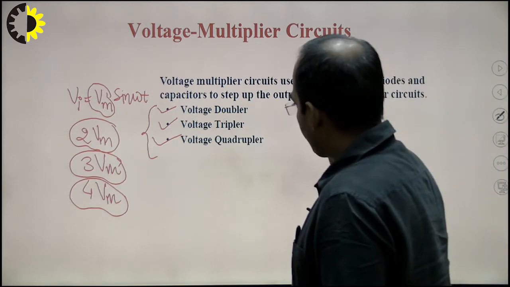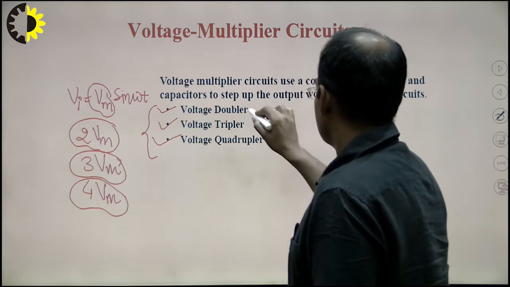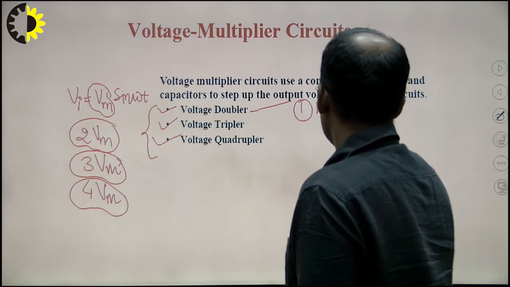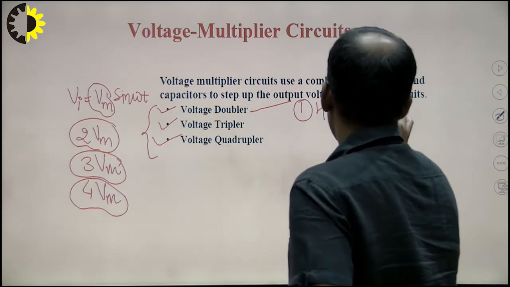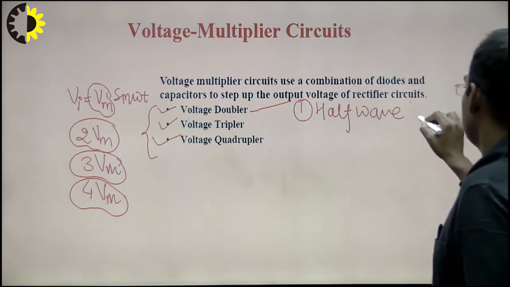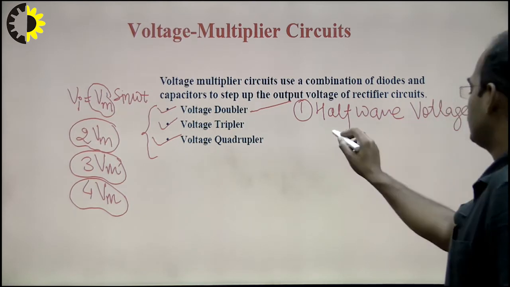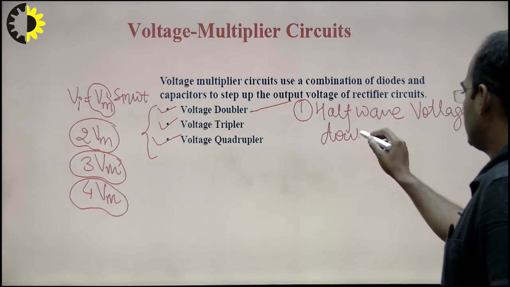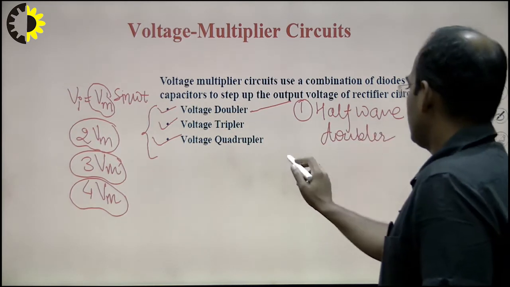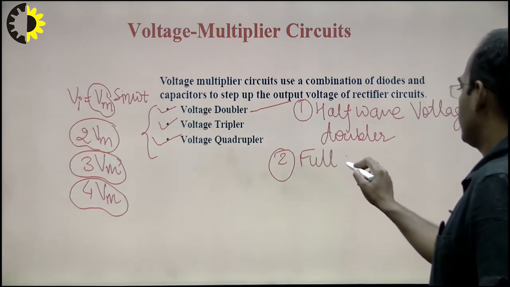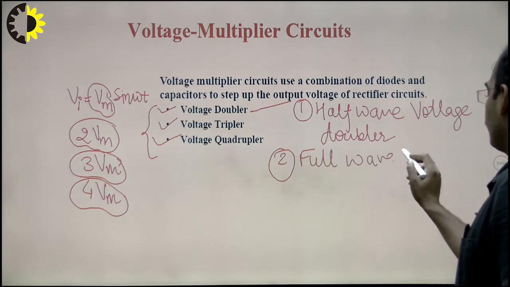Basically there are 2 types of voltage doubler circuit. First is the half wave voltage doubler, and second is the full wave voltage doubler.